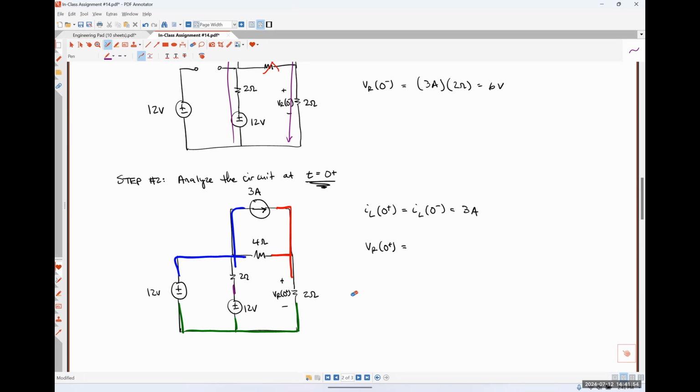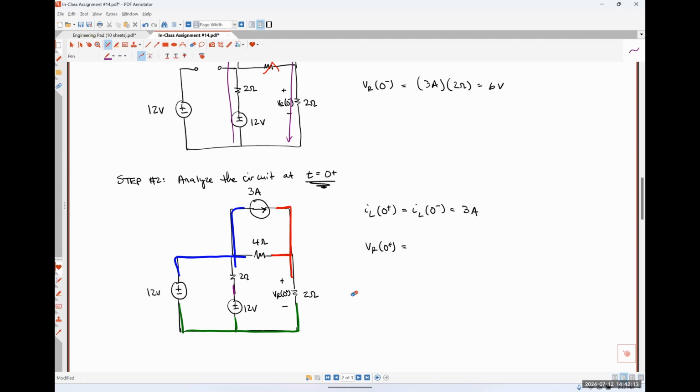Mesh analysis, and then you'd multiply it by the 2 ohm. So we could definitely do mesh analysis. I personally would do nodal analysis for a couple of different reasons.